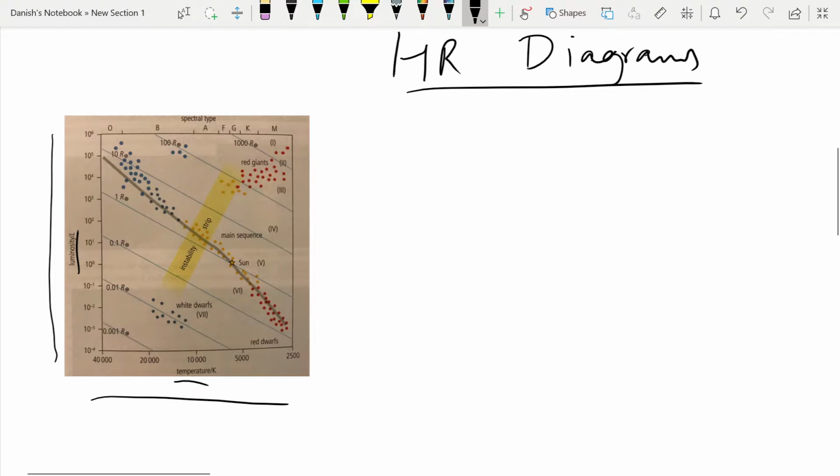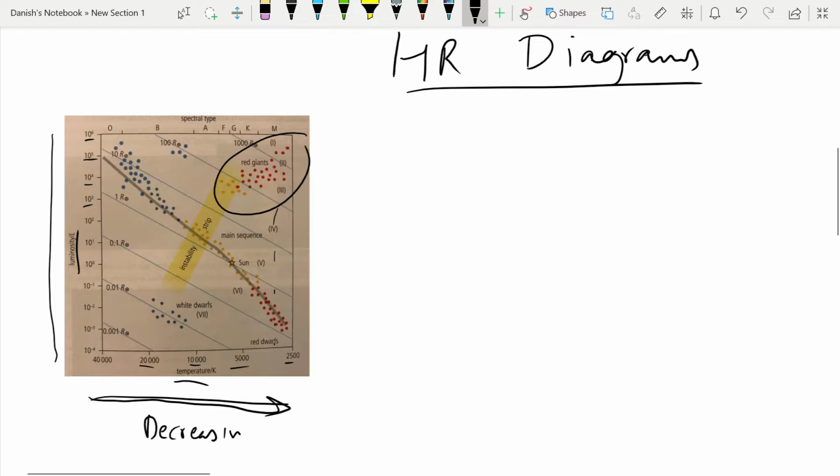Now luminosity, you can see it's logarithmic, so it's powers of 10, and temperature is about similar. So if we know the position of a star on this diagram, we can tell a lot of things about it. For example, these stars right here, if we go down, they're not very hot. The temperature is decreasing as we go to the right.